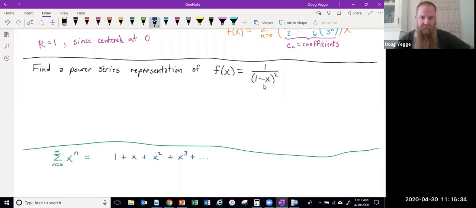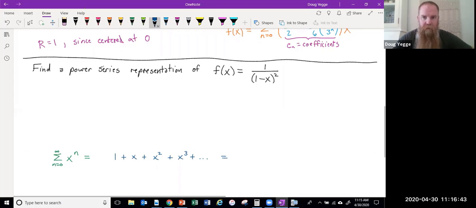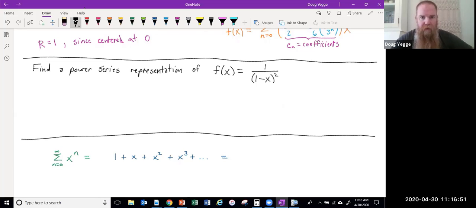Everybody go with that? Now we know that that right there is also going to be equal to 1 over 1 minus x. Agree with that?